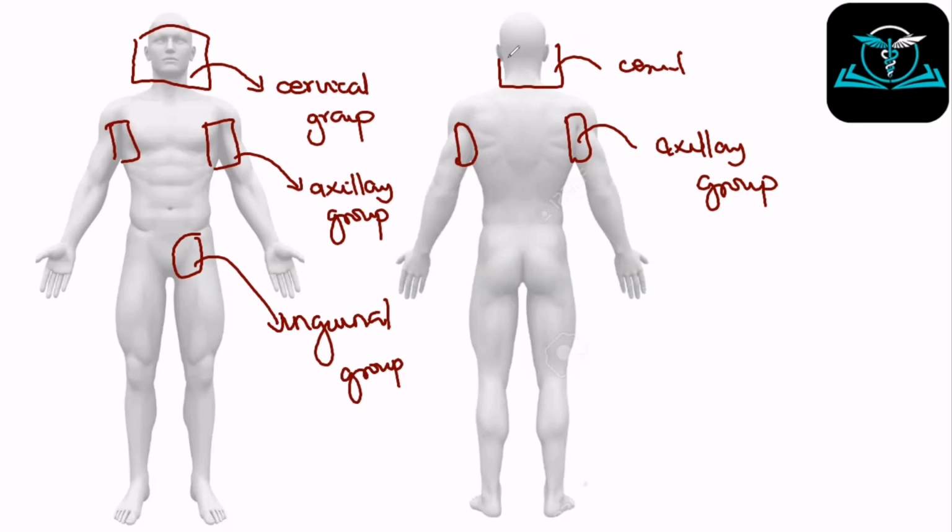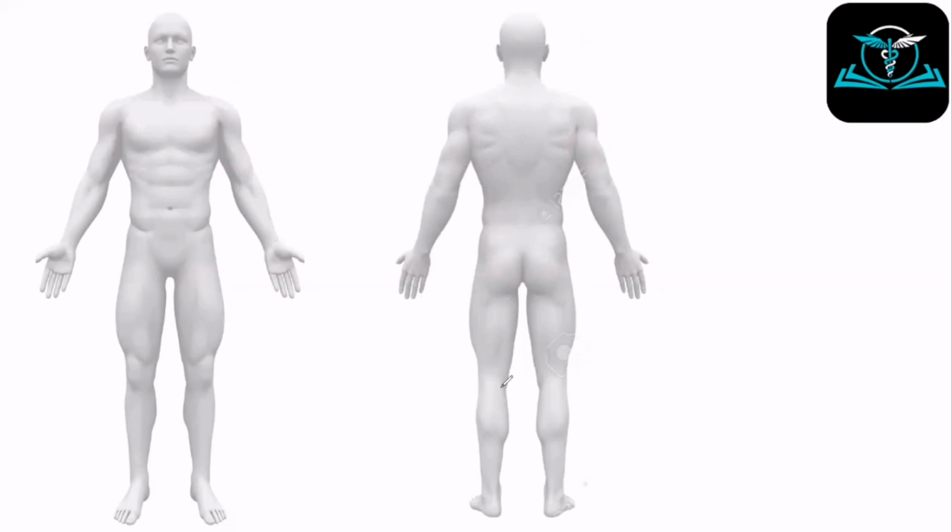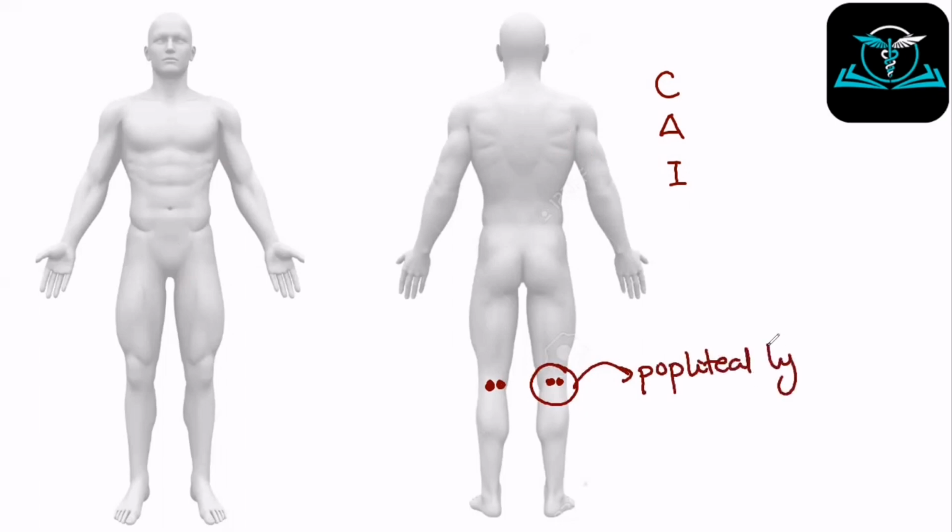However, we have others we need to talk about, like the popliteal group of lymph nodes. They are located in the popliteal fossa. So apart from the cervical, the axillary, and the inguinal group of lymph nodes, we have the popliteal lymph nodes.